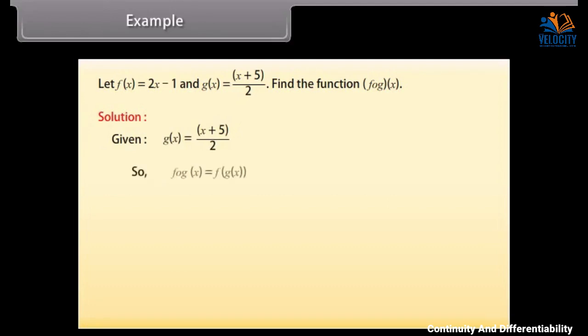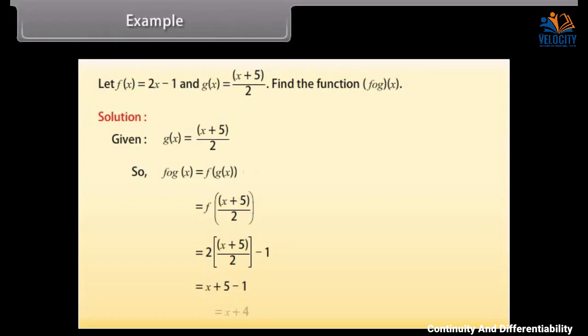So, f of g of x is equal to f of x plus 5 by 2, is equal to 2 into x plus 5 by 2 minus 1, is equal to x plus 5 minus 1, is equal to x plus 4.